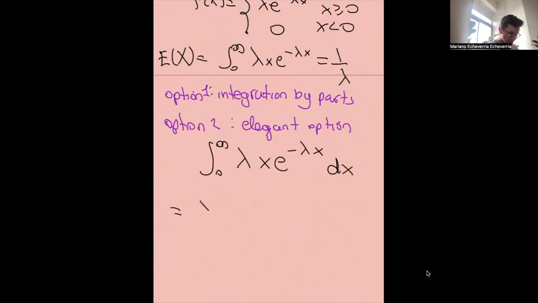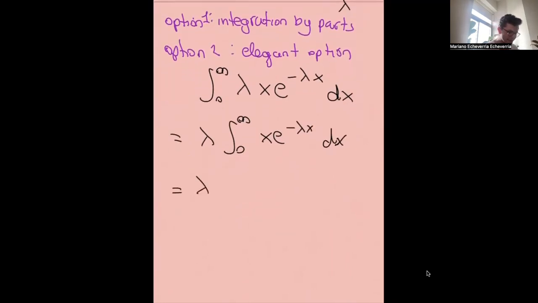First, since lambda is a constant, I'll take it outside the integral, right? And now I'll do something that we kind of did a couple of times before. I can see this as some sort of derivative with respect to lambda.